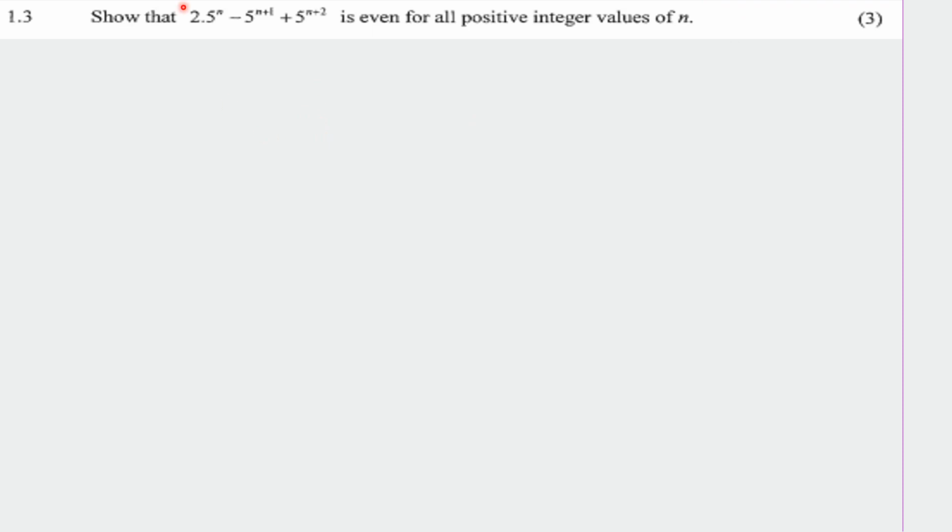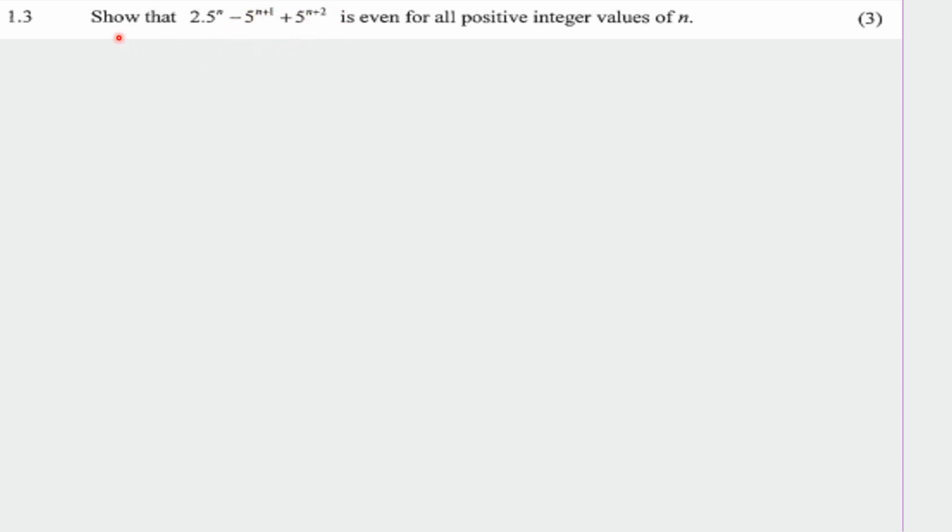So actually the question is asking, when the values of n are integers, are you actually positive integers?